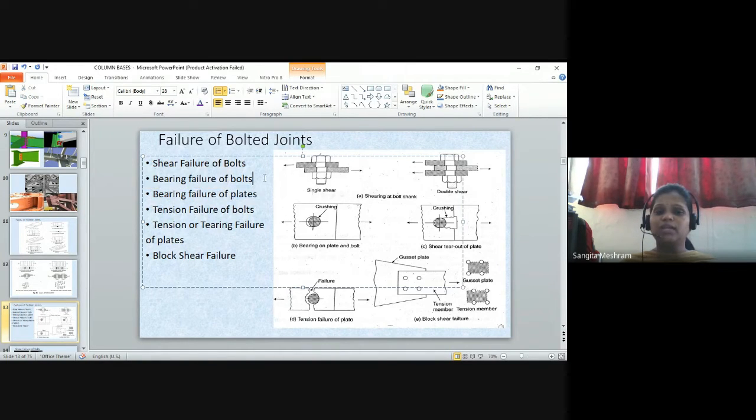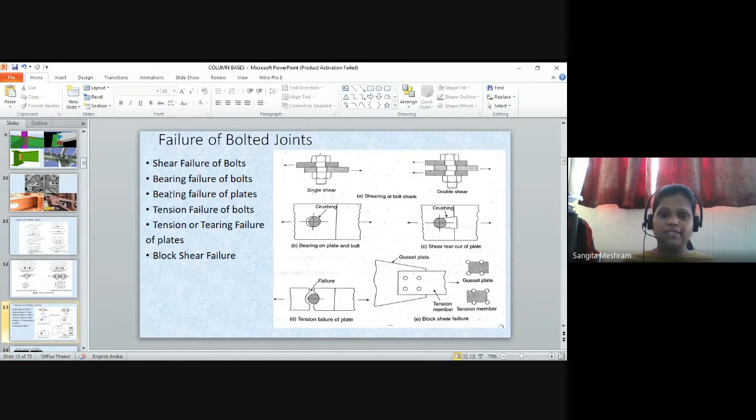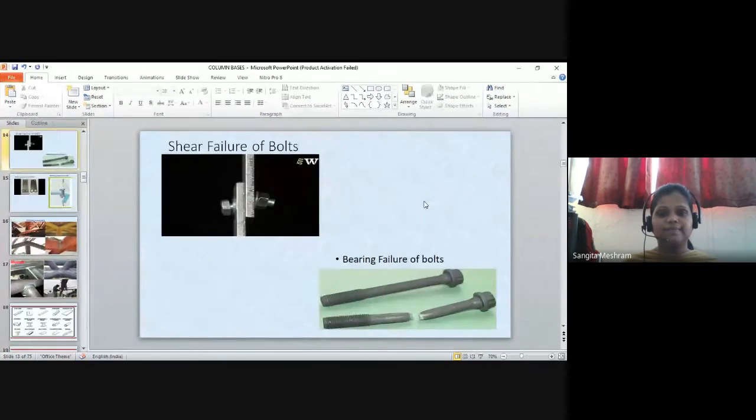When we are providing the standard or higher capacity material to the bolts, then there will be the failure in case of plate. So these are interrelated, the bearing failure of bolts and plates. So this is according to the material, according to the properties. So these are the failures in case of bolted joints.